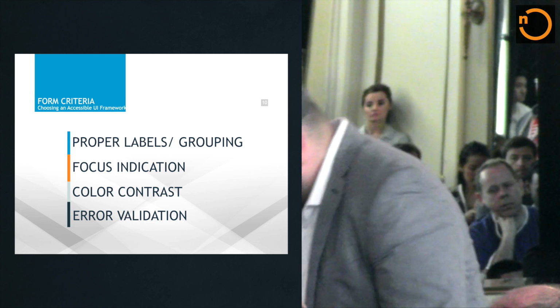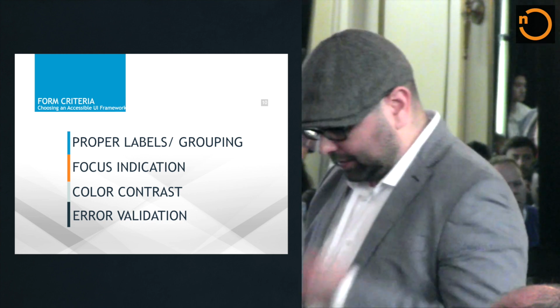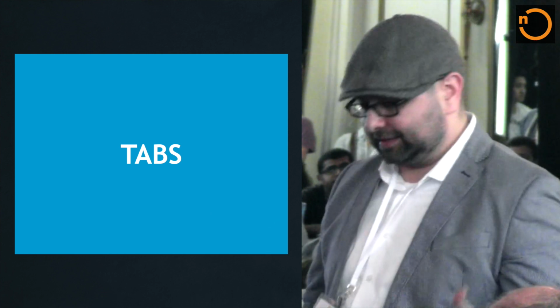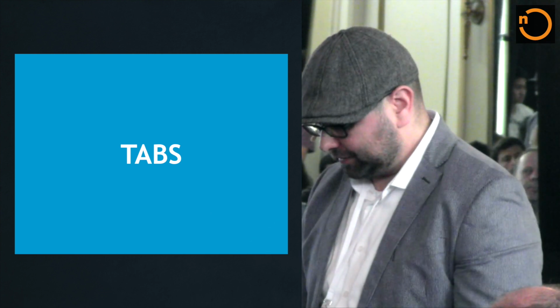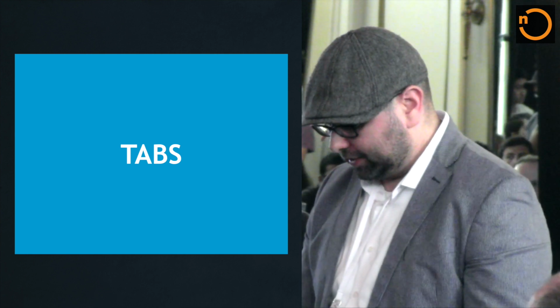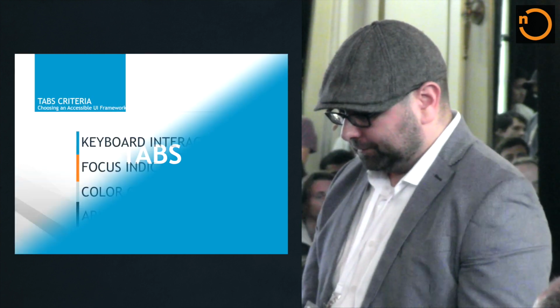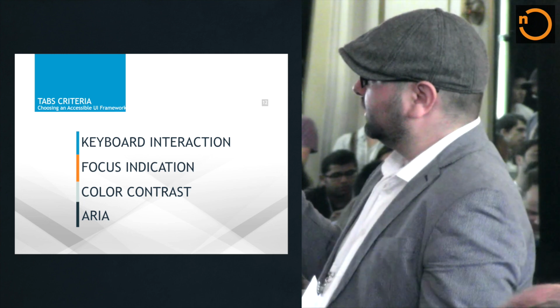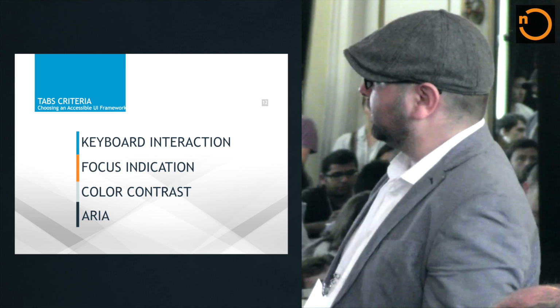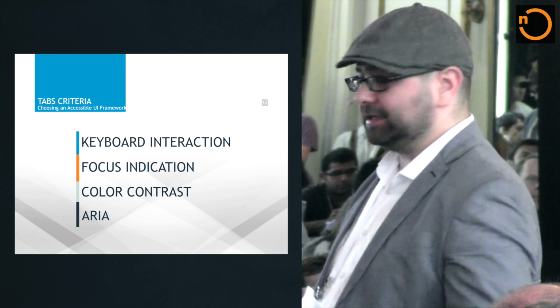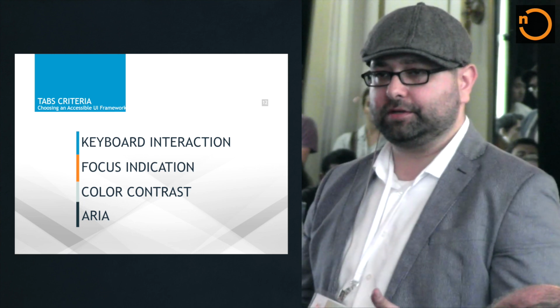Next, we'll talk about tabs. So tabs, I'm sure you all are familiar. This is basically a tabbed interface that allows dynamic switching of content. Again, something very, very heavily used on the internet. Of course, our checklist is keyboard interaction. There's a very definite keyboard interaction pattern that's used for tabs.